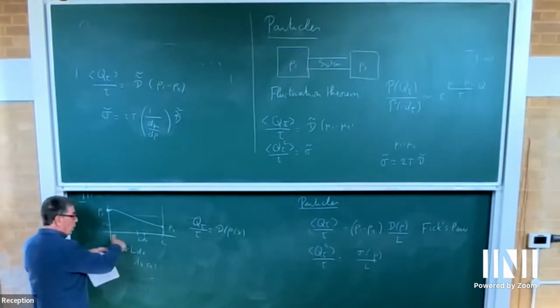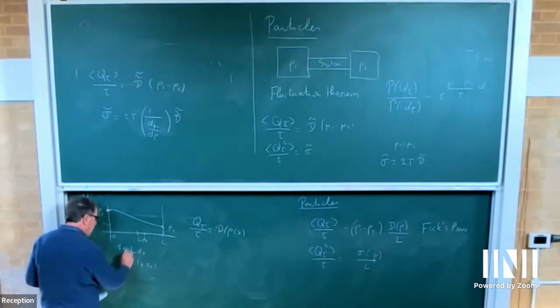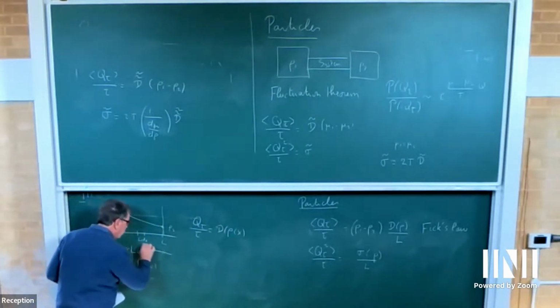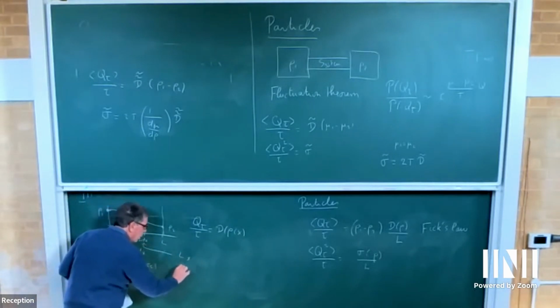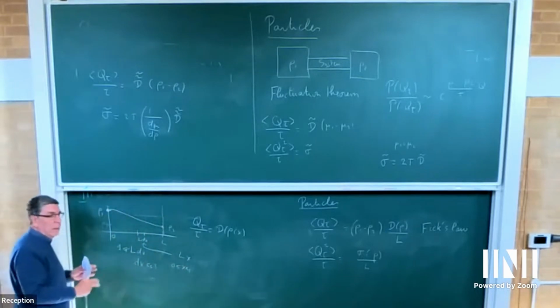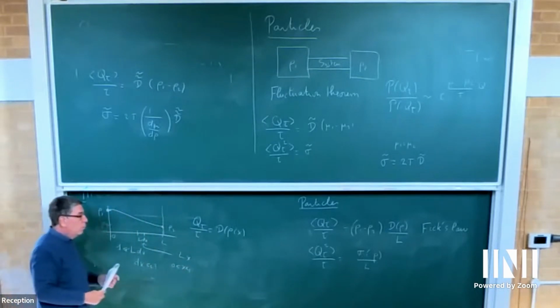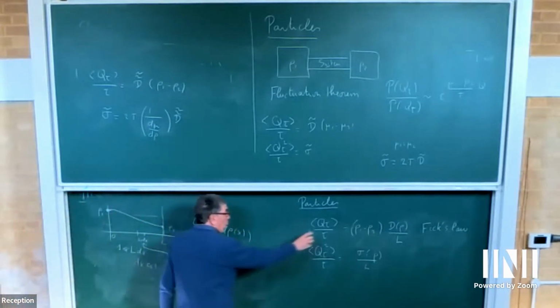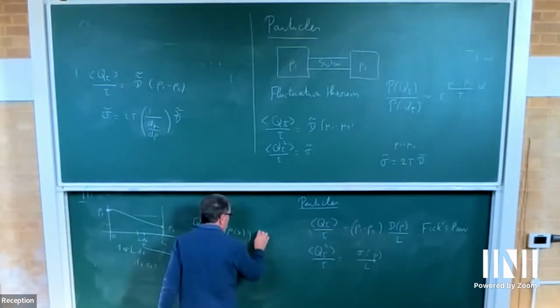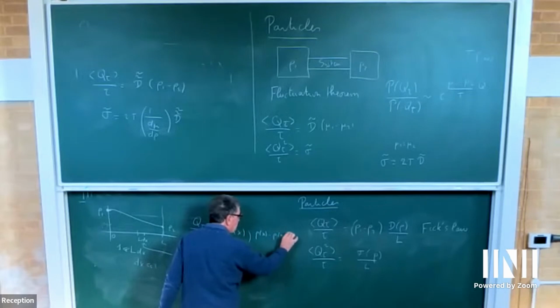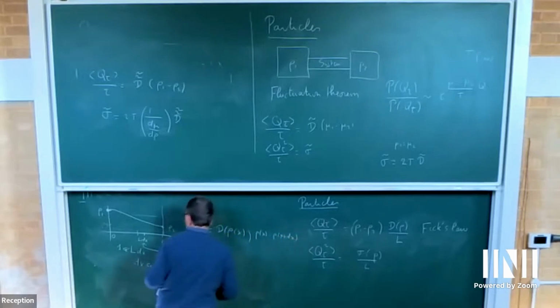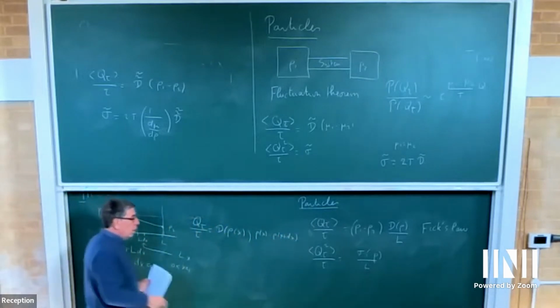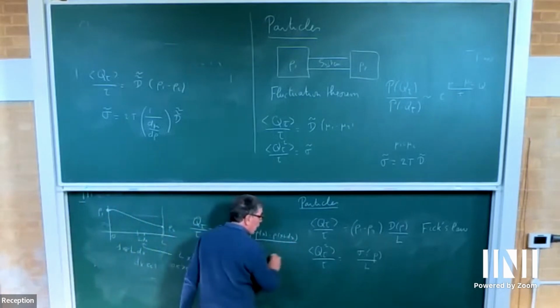So I have a system of size L, and I am at the position Lx, where x is between 0 and 1. I concentrate near this point. Now the difference is small, so this will be rho(x) minus rho(x plus dx), and for this sub-region the length is L dx.